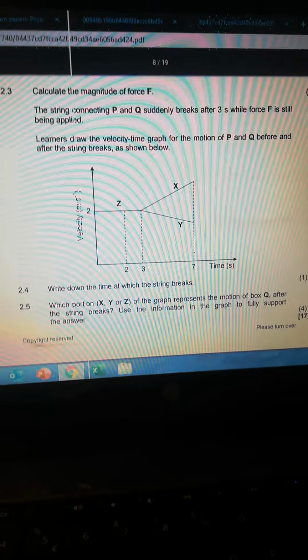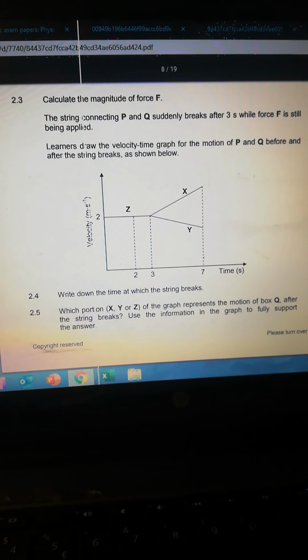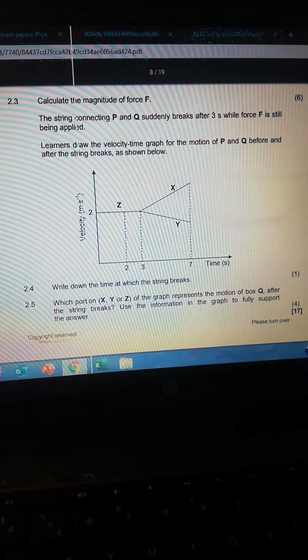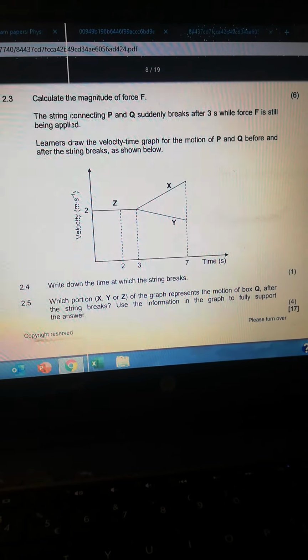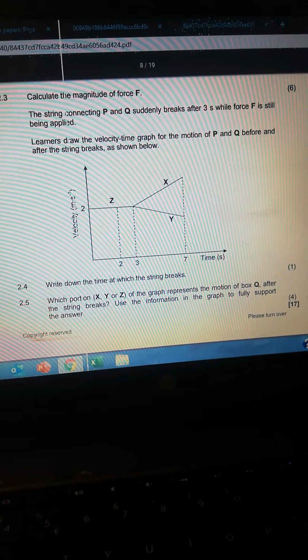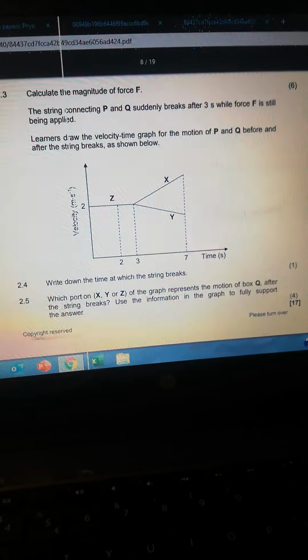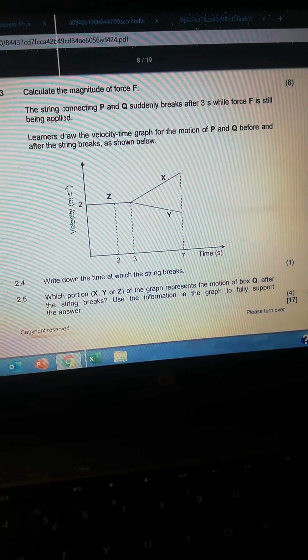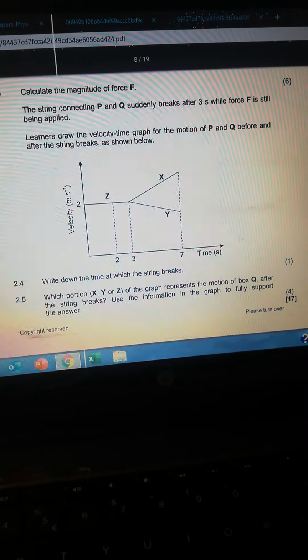As we continue, we get this diagram where it says: the string connecting P and Q suddenly breaks after 3 seconds while force F is still being applied. Learners draw the velocity-time graph for the motion of P and Q before and after the string breaks as shown below.